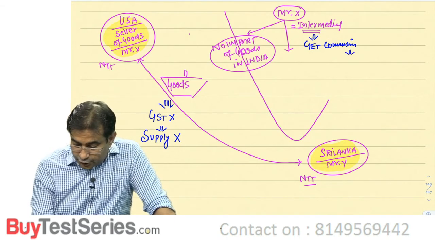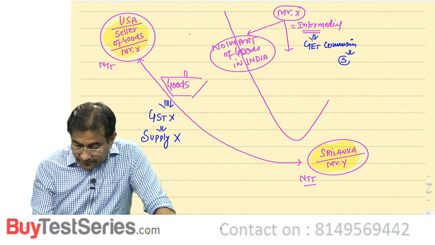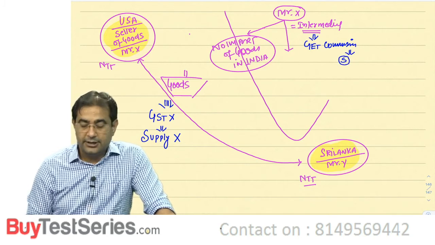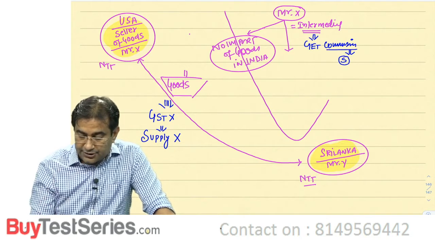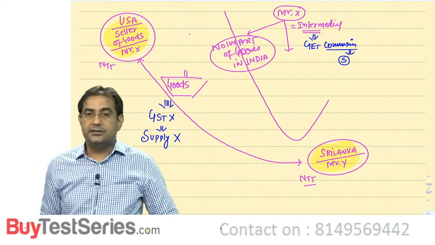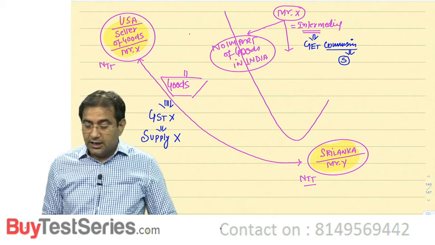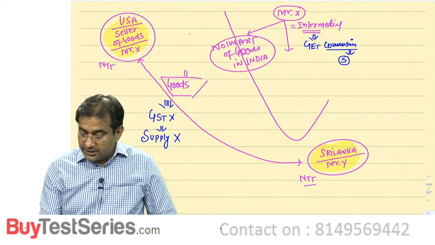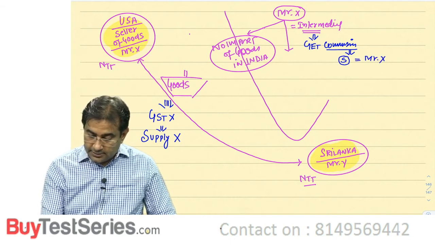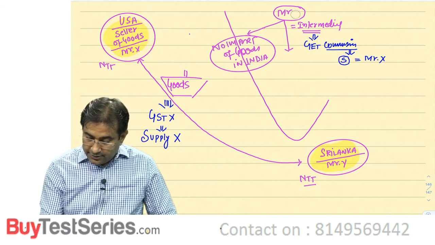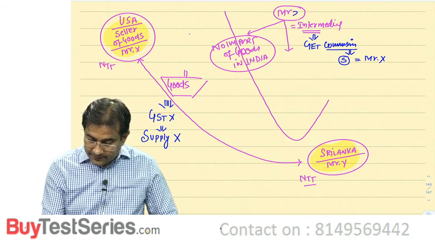In this particular situation, who is the supplier? Sir, here we are going to discuss the intermediary's commission, which is a service. So, who is the supplier of service? Sir, the supplier of service is Mr. Z, the intermediary.